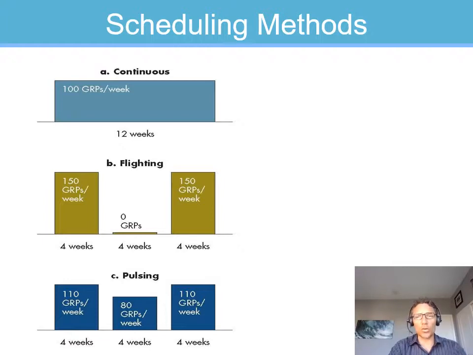You might do this when you're building up for an event you want people to be aware of, or if you're moving into a new market. You might want to run a continuous campaign, or you've launched a new product and you want to get sales in, especially if you have franchise or retailer locations that are counting on that advertising to drive traffic to their locations. A continuous schedule would be warranted.